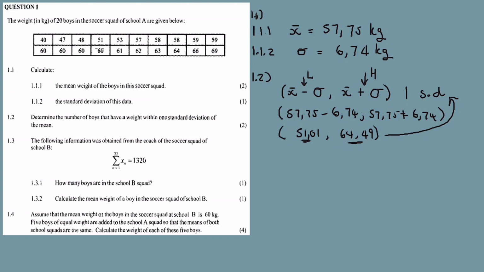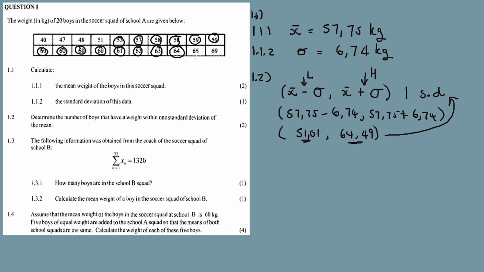Let's see. 53, sharp, 1 2 3 4 5 6. Is 64 less than 64.49?